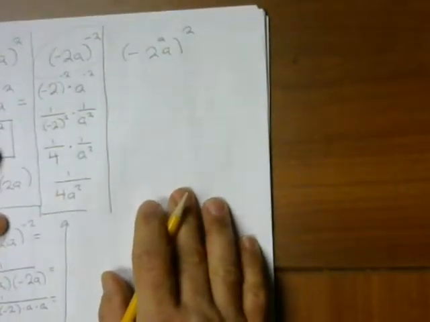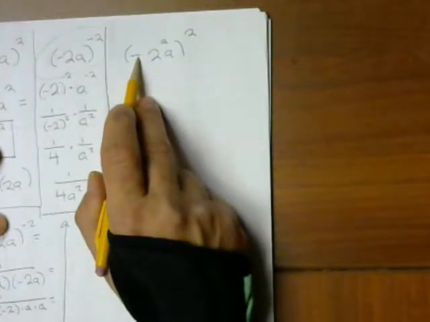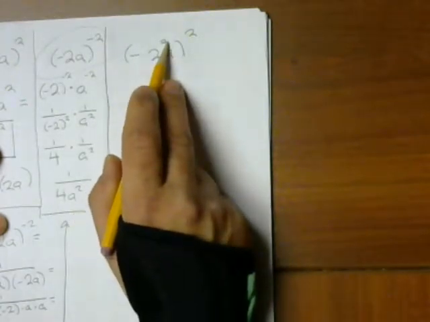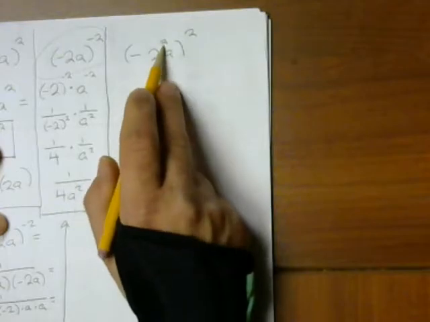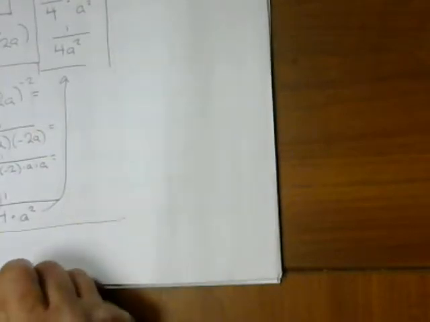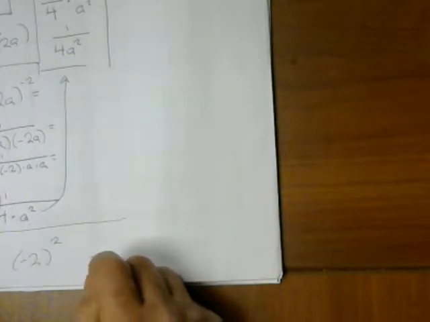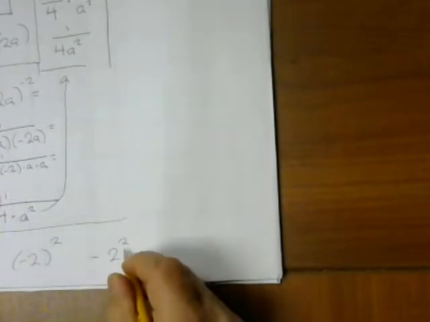Okay, this one looks a little scary. So let's think about this. Well, first of all, this is a negative sign. But this is not (negative 2) squared. This is negative (2 squared). Okay, it sounds the same when I say it, but there's a difference between, say, negative 2 squared and (negative 2) squared.